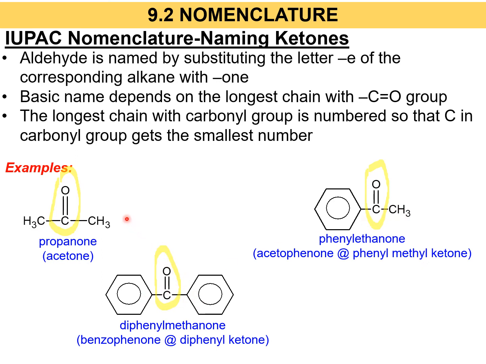Okay, let's look at the first example here. We see the longest carbon chain has 3 carbons: 1, 2, 3.